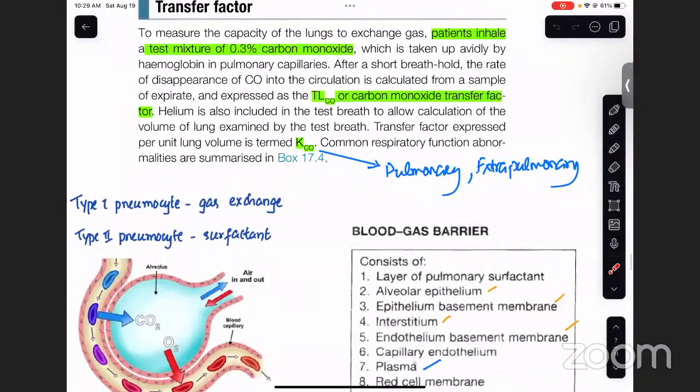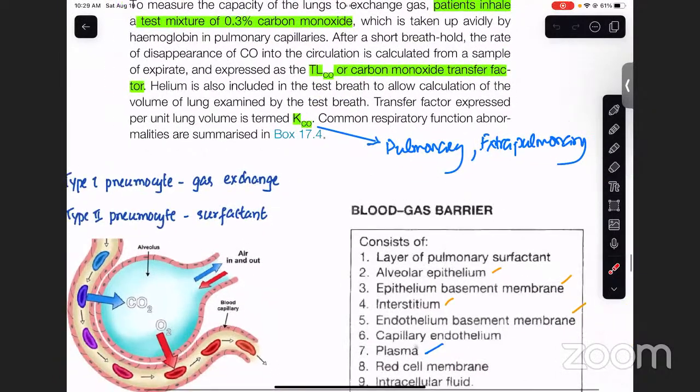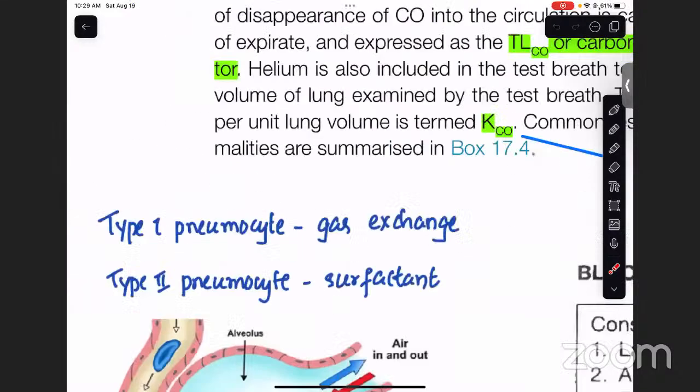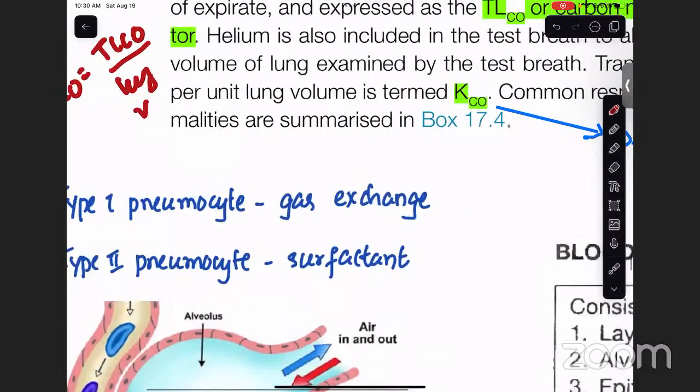And here is something more important that can be added in our clinical scenarios, like KCO. KCO means coefficient of carbon monoxide transfer factor. It defines transfer factor expressed per unit volume as KCO. So KCO means TLCO divided by unit lung volume.